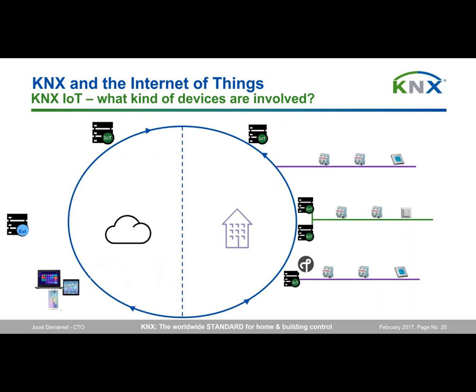So which kind of devices will be involved in the KNX IoT solution? This picture shows you two halves. The first half being the communication inside the building. The second half, the communication on the internet. In the building, there could be a KNX IoT stack.